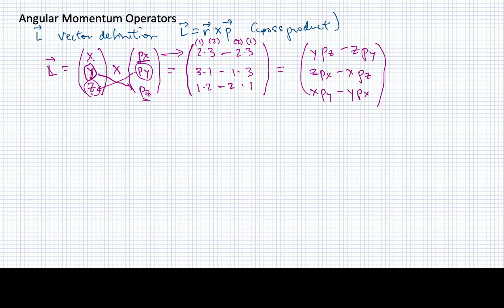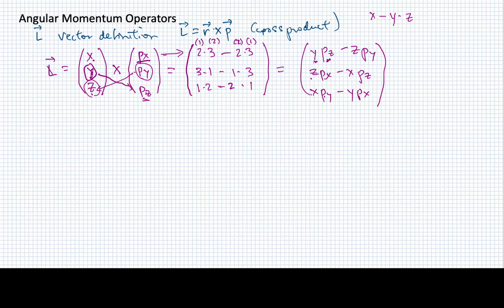All right, now I'll note that this gives us basically numbers because we're talking about a classical definition for the angular momentum. But I want you to note a couple of things about this. One, there's a cyclic permutation. So I start with y and z here, y pz. I then move to z px, then I move to x py. So I'm moving cyclically between x, y, and z.